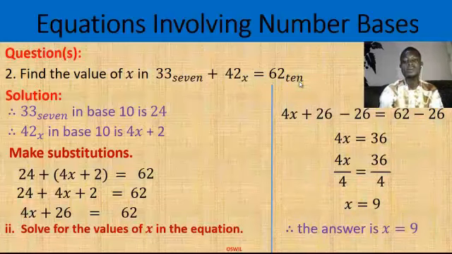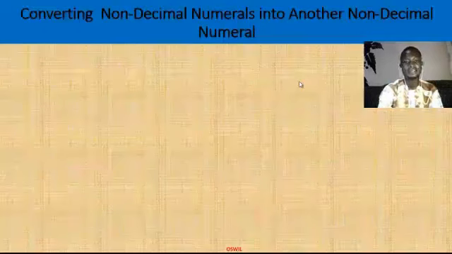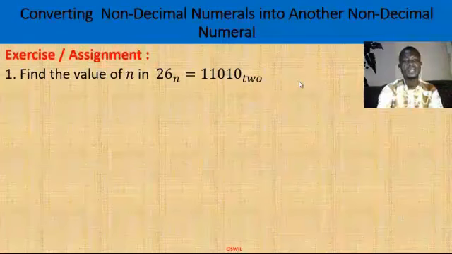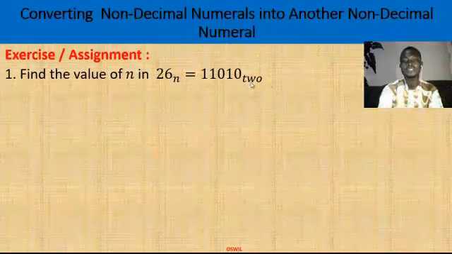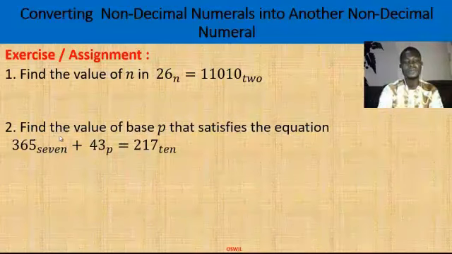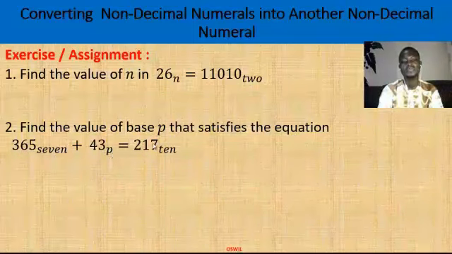May we go and look at our assignment and exercises. Number 1. Find the value of n in 2 6 base n equals 11010 base 2. In example 2, find the value of base p that satisfies the equation 3 6 5 base 7 plus 4 3 base p equals 217 base 10.